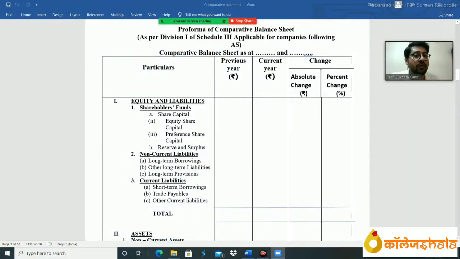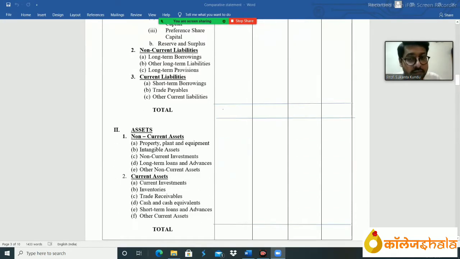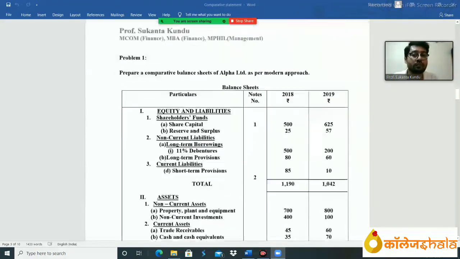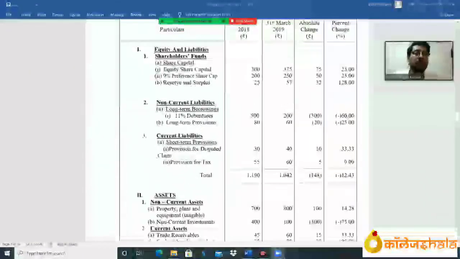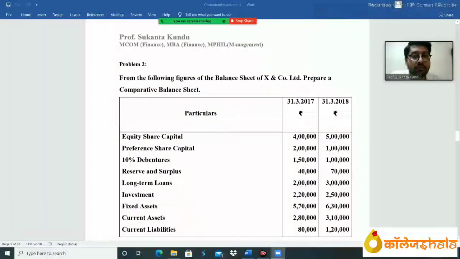This is the pro forma I've given, so try to memorize this pro forma. Now coming back to the problem.